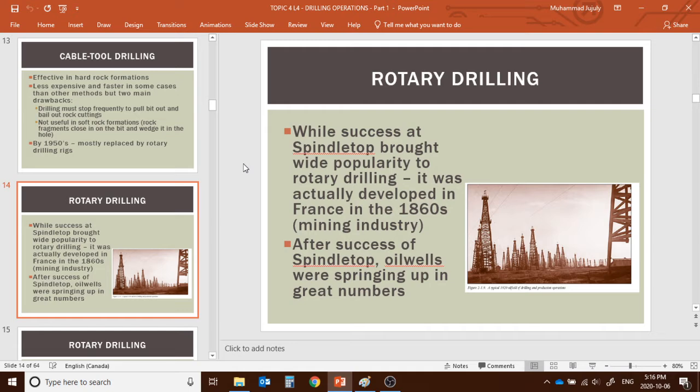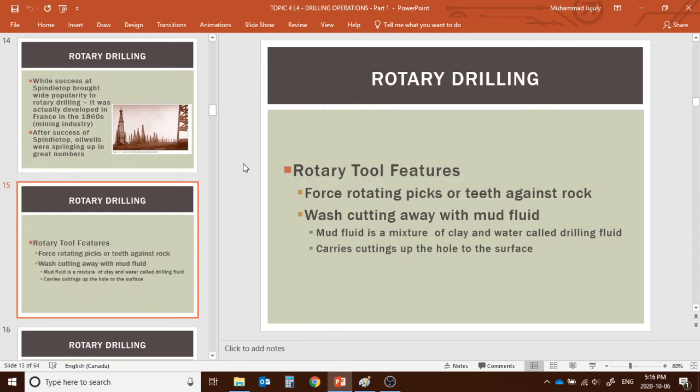So the rotary drilling rig is the type of rig we use now. In a rotary drilling rig we use the rotary tool. It's a rotary device where we flow the mud inside, and it rotates and starts cutting.